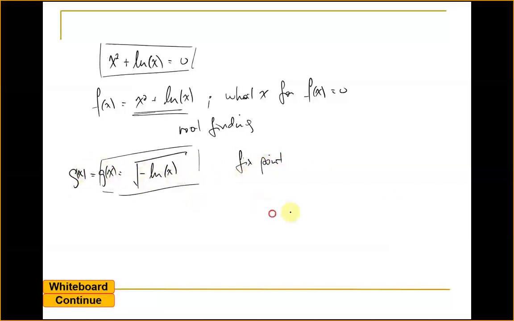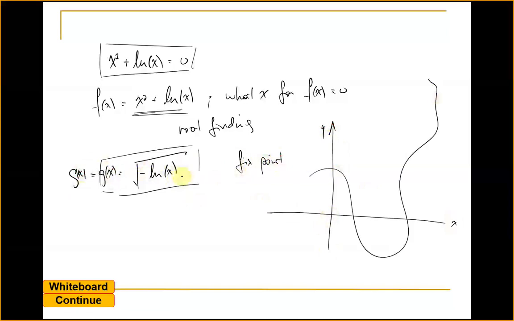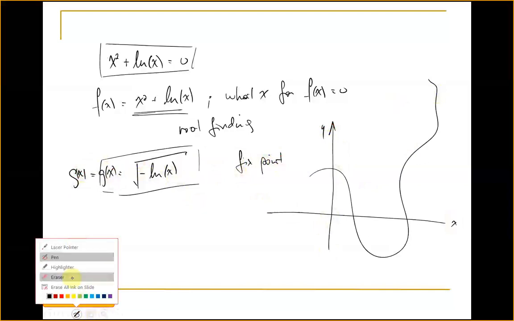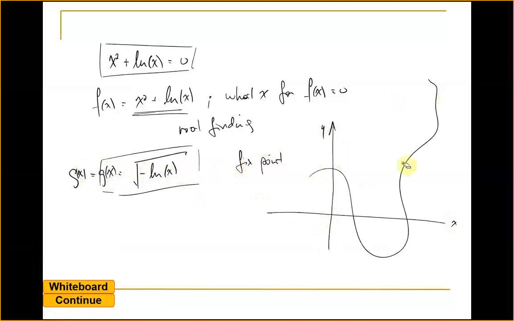And really all it is, this function has its own plot. Let's say we have our plot y, x, and let's say this is the function. That's the g of x function. No, that can't be a function. Anybody know why that can't be a function? See who remembers their math.